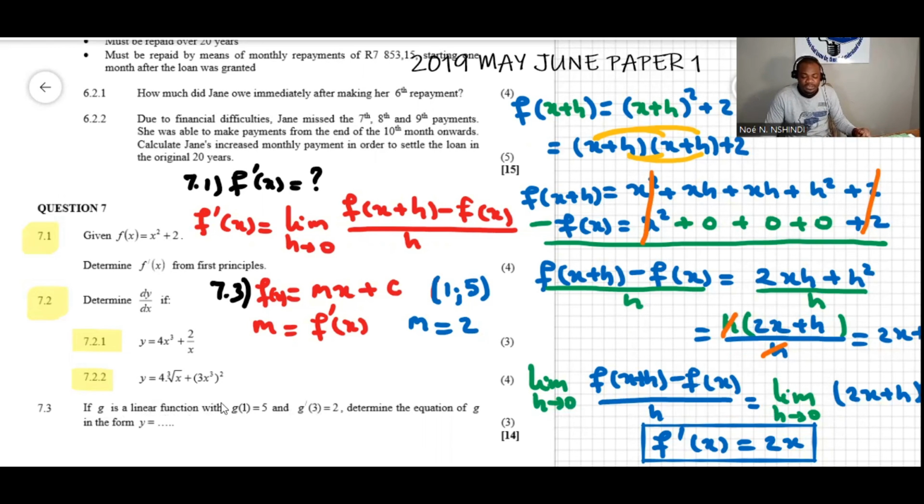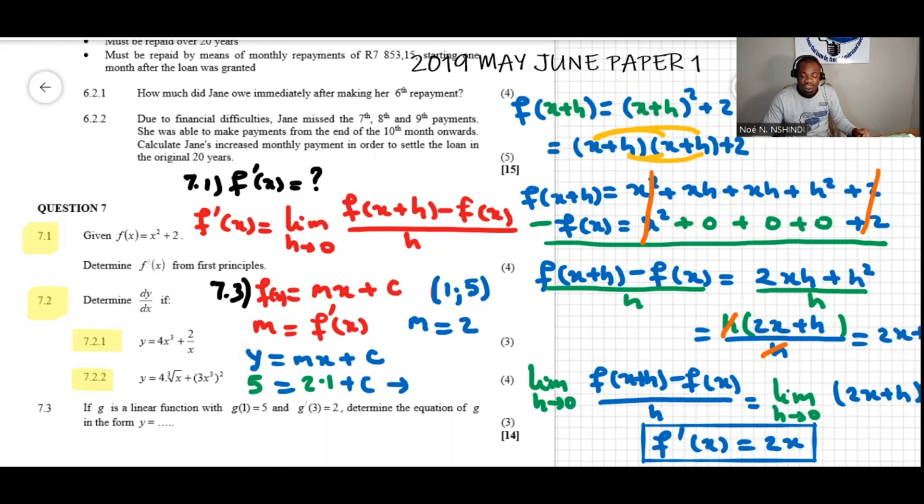Now that we have this point, we can write the line: f of x is a straight line, so it is of the form y equal to mx plus c, right? So now we can sub in the point (1, 5) in the equation and the gradient as well. If I sub in 5 for y and 1 for x, this is equal to 2 for the gradient, and then plus c.